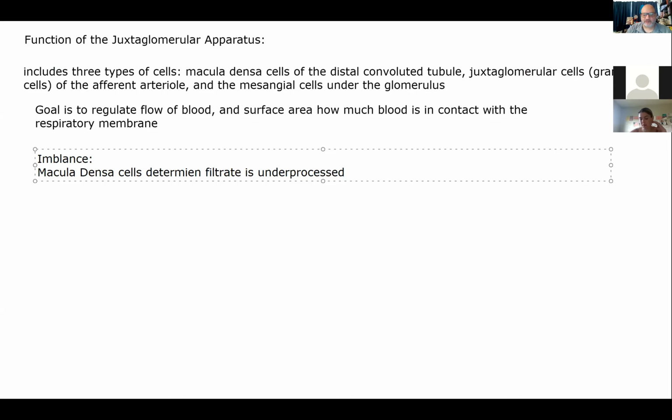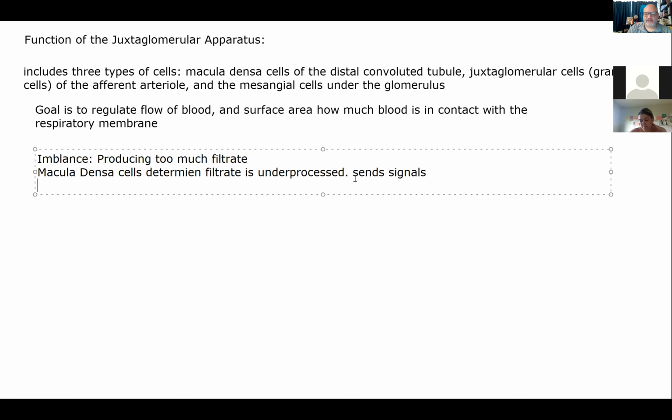Yeah, we are producing too much filtrate. So we need to decrease the amount of it. So the macula densa sends signals to our other two sets of cells, starting with our juxtaglomerular cells. And since I wrote it out once already, I can abbreviate our JG cells.